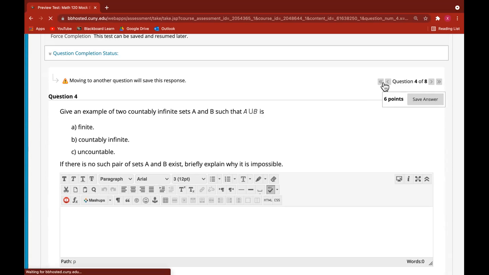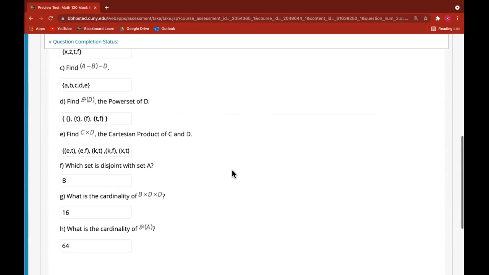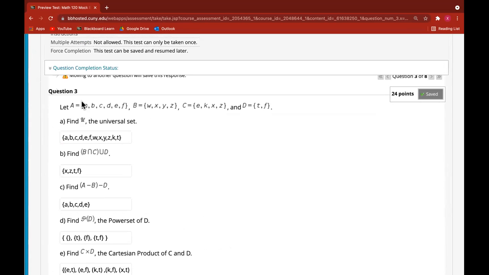Okay, in the previous question, how do we get 64? There are 6 elements in set A. And to find the cardinality of the power set is 2 to the cardinality of A. So 2 to the 6 is 64. We derived the formula in class.